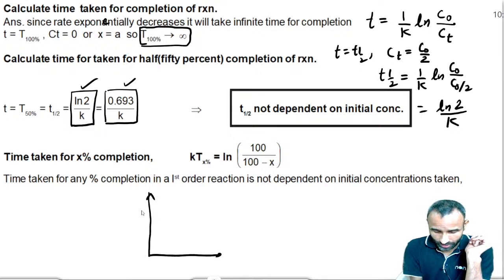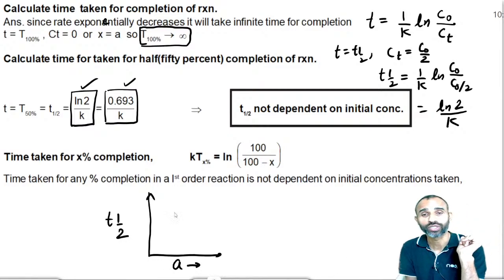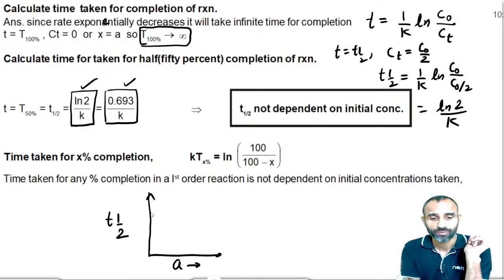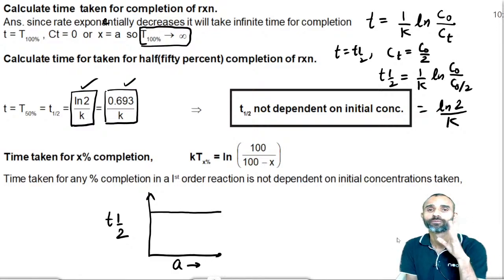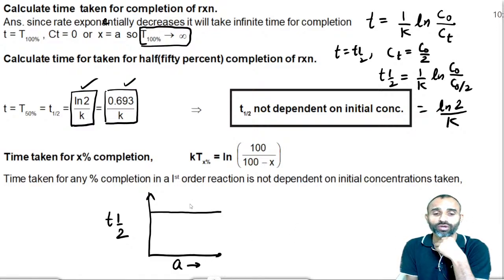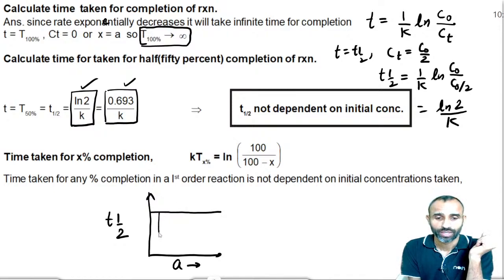So in this case, if we plot a graph between half life and initial concentration, it is a straight line independent of the initial concentration. This value is 0.693 by k.